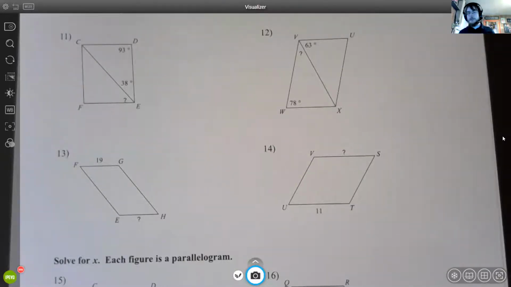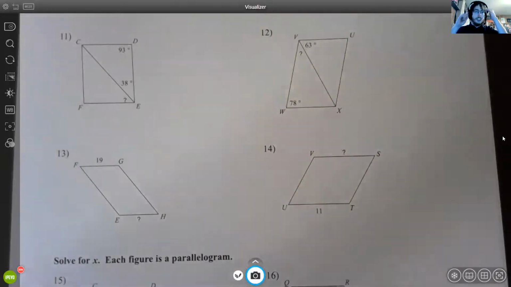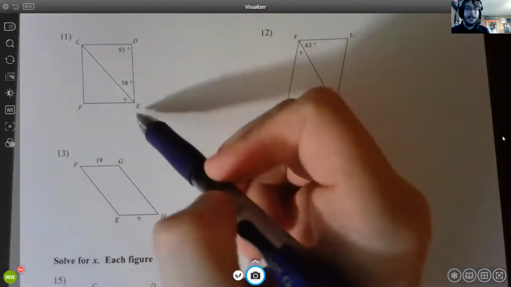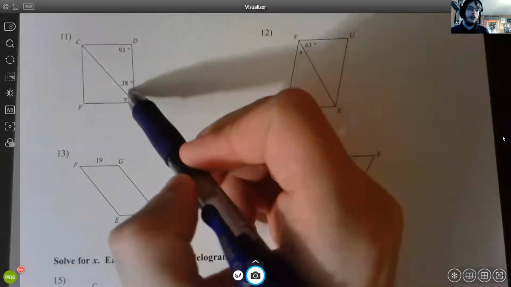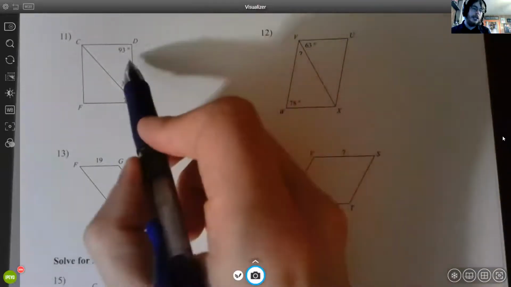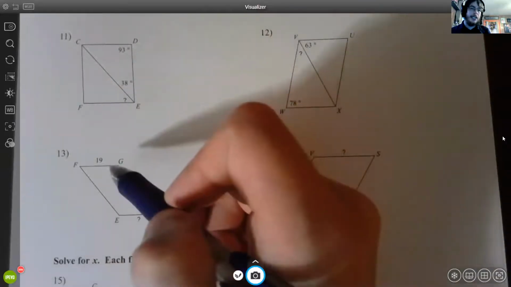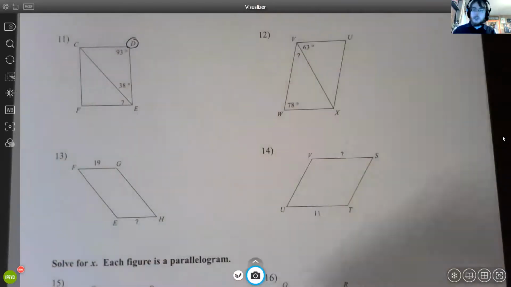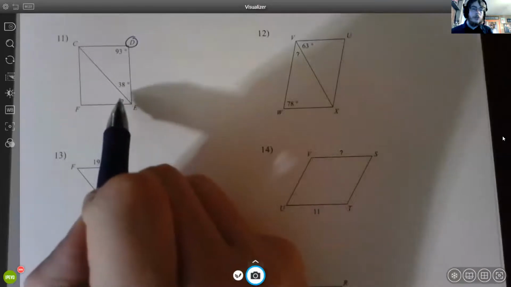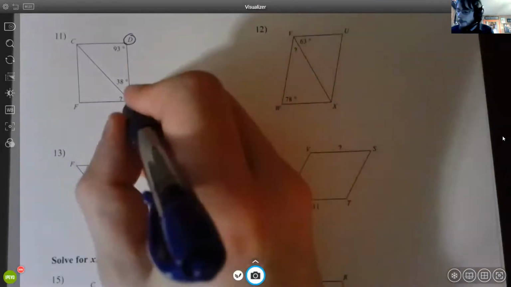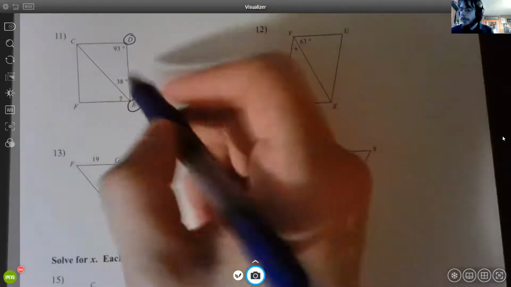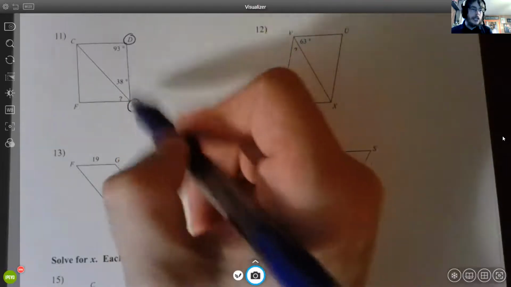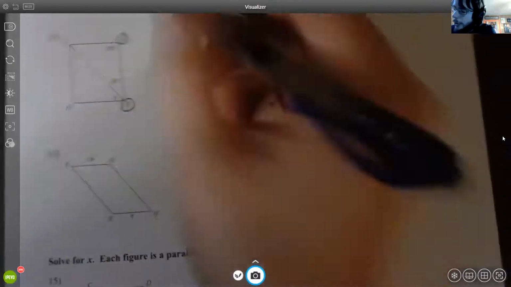So number 11, we see we have a diagonal that is splitting angle E, and we're given a part of angle E to be 38 degrees, and we're given angle D to be 93. So again, since we have a diagonal that has a part, we need to figure out what E is first. Well, angle D and angle E are connected by a line, so that means they're consecutive.